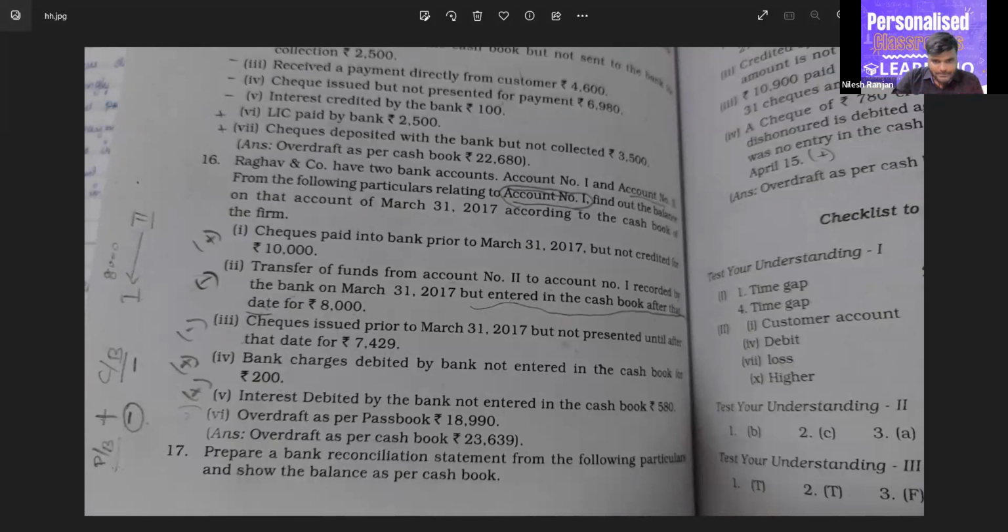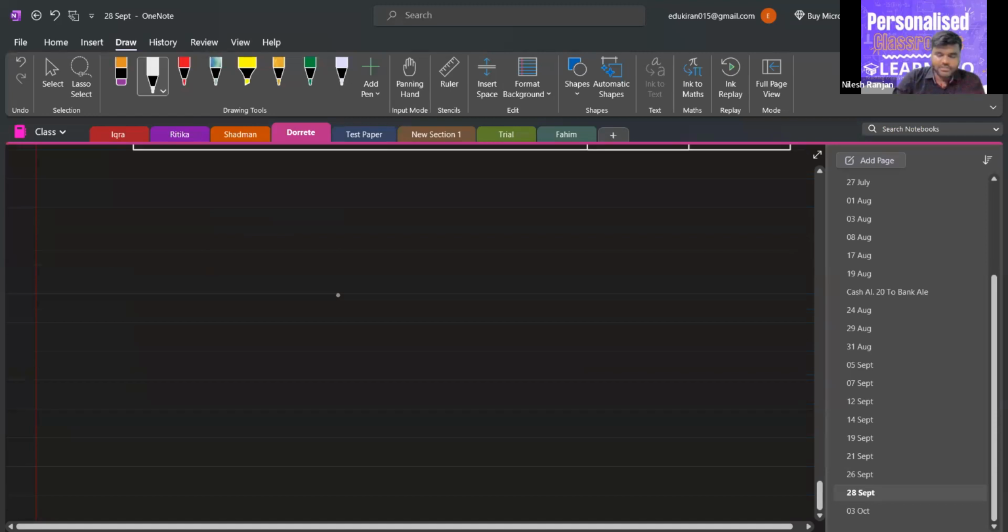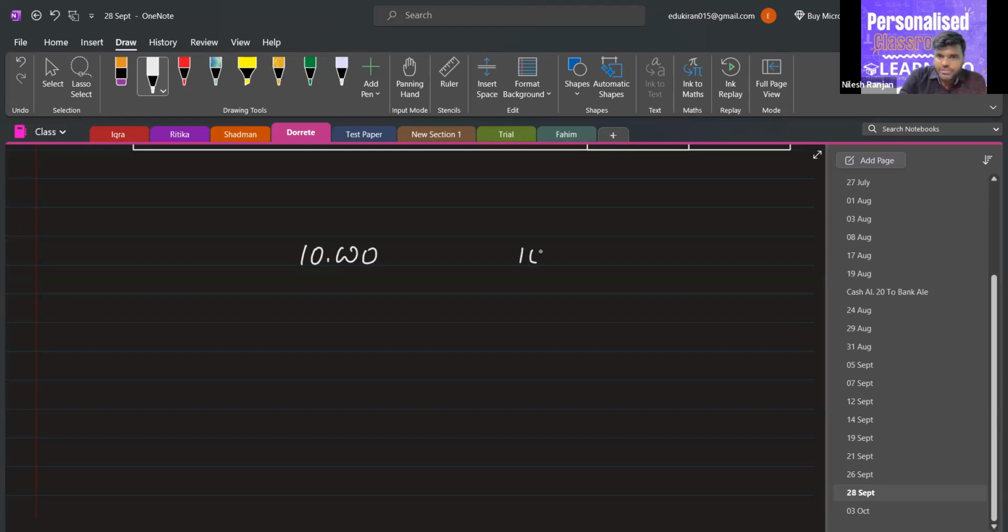Now, let's take a different balance. Like our cash book is also 10,000 and our passbook is also 10,000. Now, which balance are we using? Passbook balance. And the impact is also on this passbook.